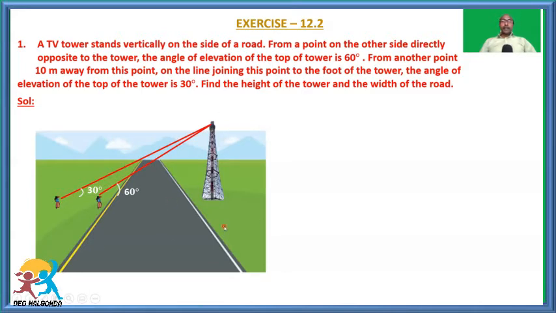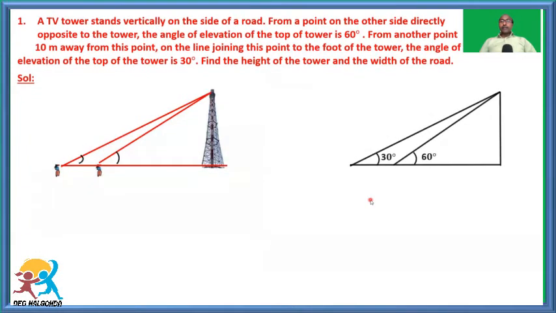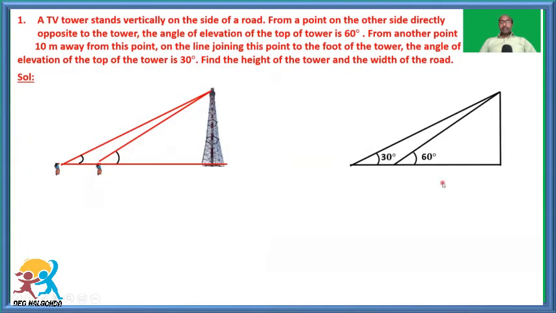So this is the scenario. Now it is asking what is the height of the tower and what is the width of the road. So draw the figure for this scene. Here is the line joining the foot of the tower and the points of observers. Let us draw the figure in lines. This is the picture.